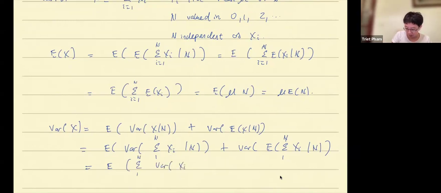And notice that it's bad practice to just drop conditioning out of nowhere. The point is you keep the conditional formulation until the last moment that you have to drop it, then you drop.